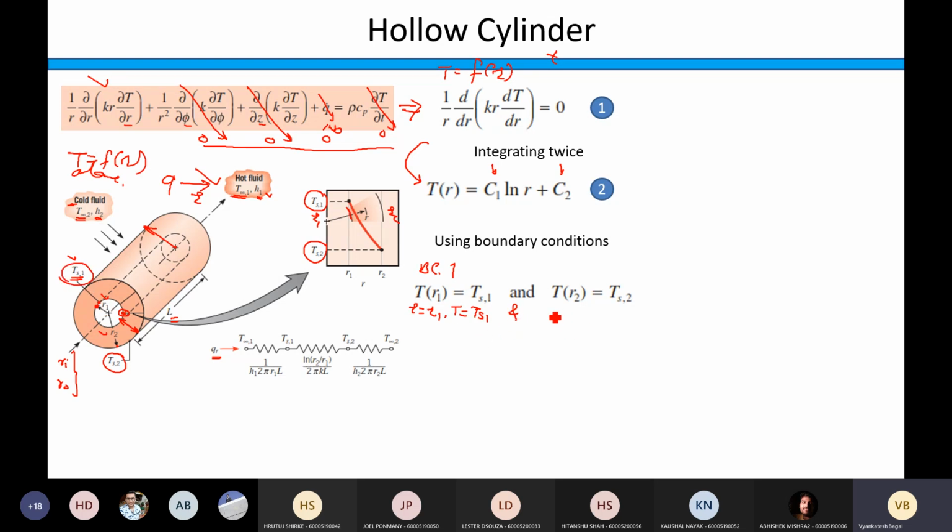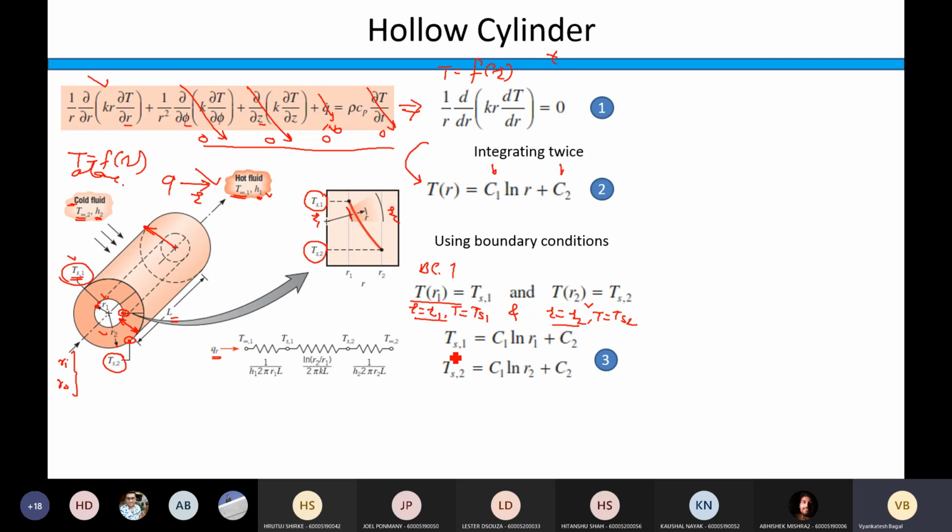And the second boundary condition is at R equal to R2, at the outer surface here, temperature T is equal to surface temperature 2. If you are not comfortable using this kind of notation, use this: at R equal to R1, T is equal to Ts1, and at R equal to R2, T is equal to Ts2.